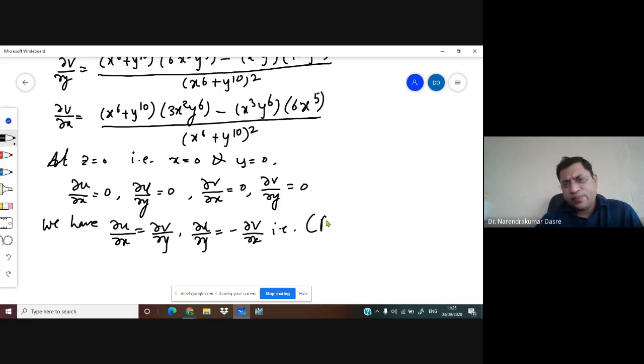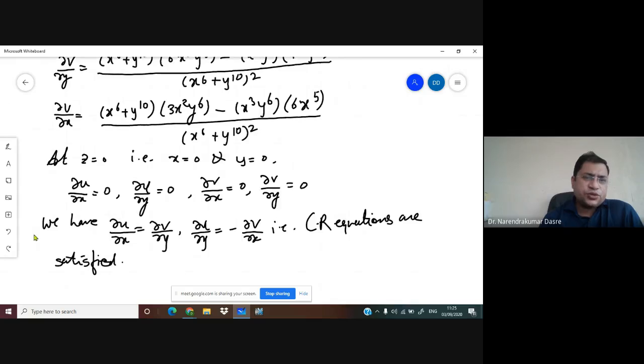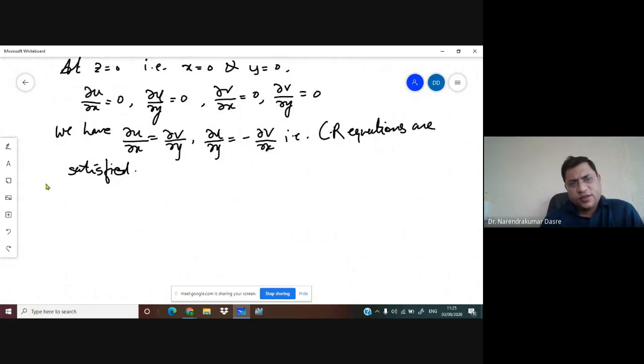So that is, we say CR equations are satisfied. As 0 is the same as minus 0, so these conditions are satisfied.